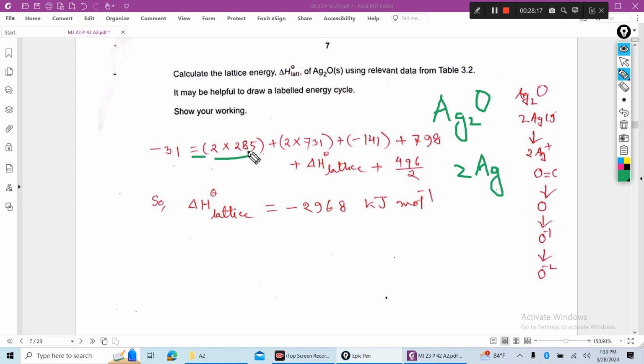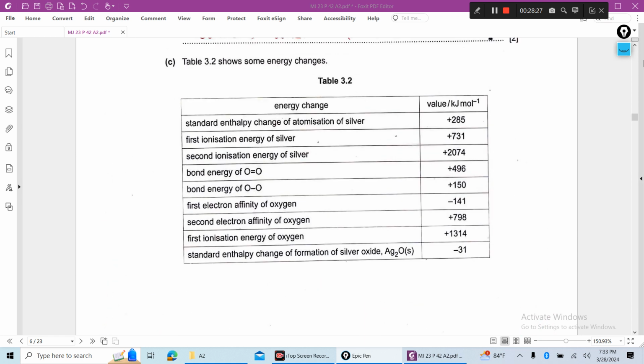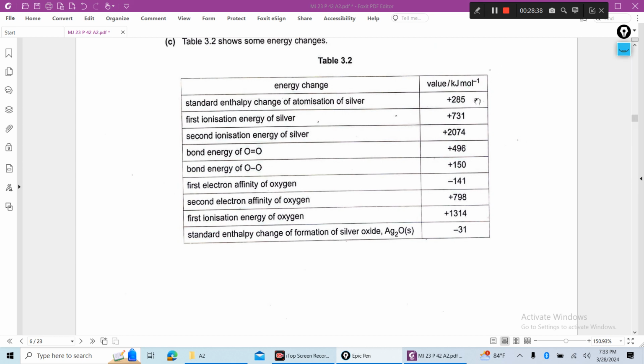The atomization of silver is 285, so 2 times 285, you see, atomization of silver 285, so 2 silver atoms, that's why times 2.